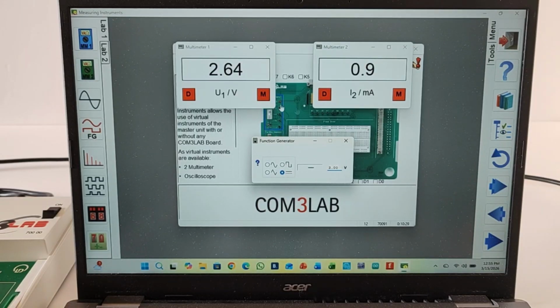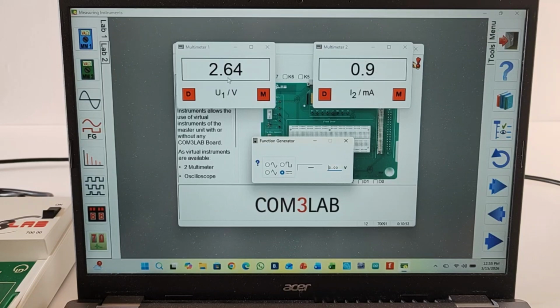Now we're seeing some current flowing through the diode already. And the voltage across the load is now at 2.64. 3 volts on the source and 2.64 on the load. Now, this voltage is also the voltage across the diode. We're seeing some 0.9 milliampere current flowing through the diode now.